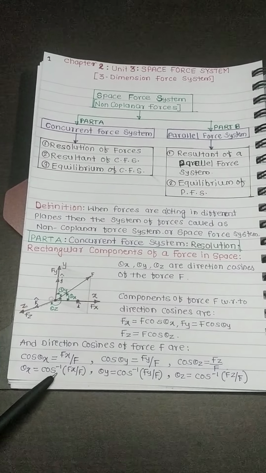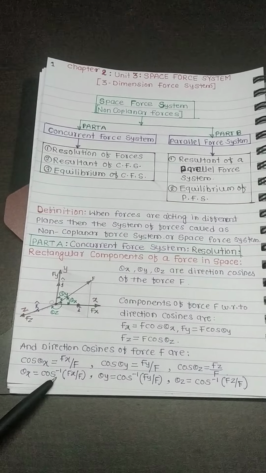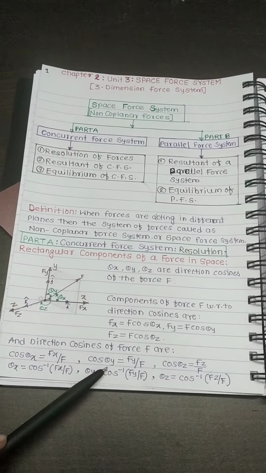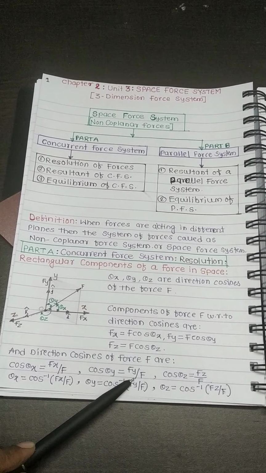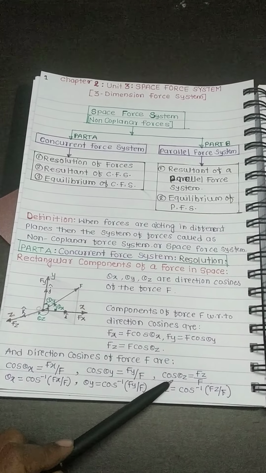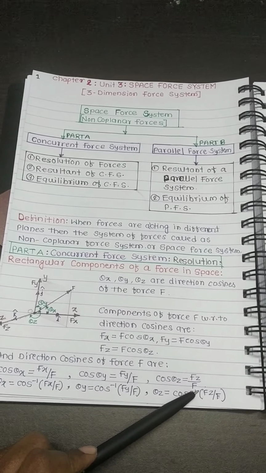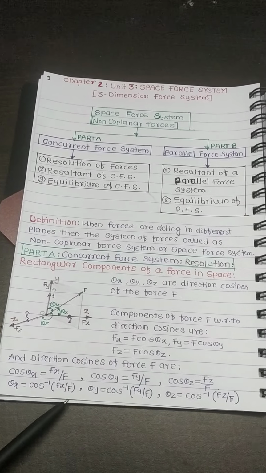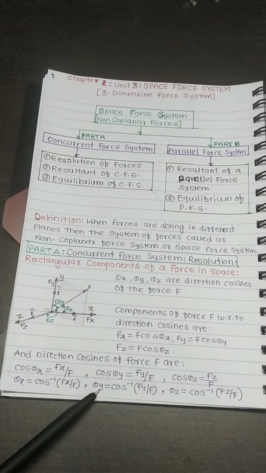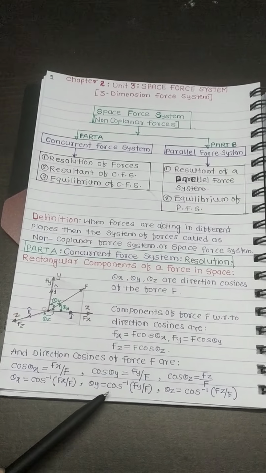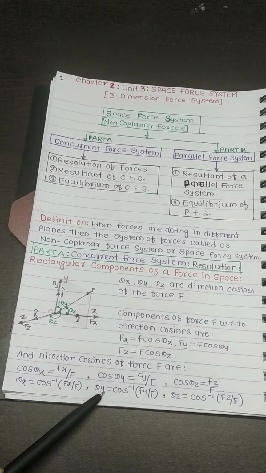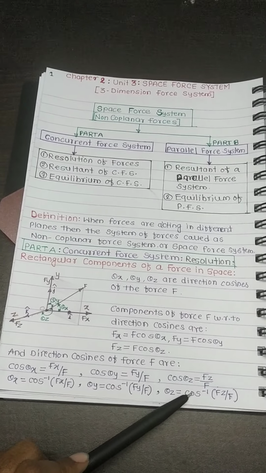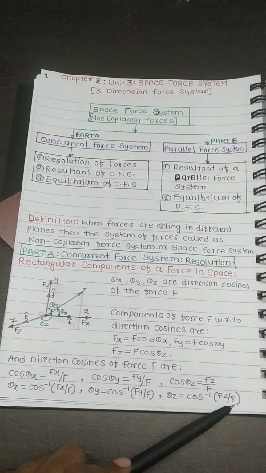Therefore, the direction cosines are expressed as cos theta x equals Fx upon F, cos theta y equals Fy upon F, cos theta z equals Fz upon F. Therefore, theta x equals cos inverse of Fx upon F, theta y equals cos inverse of Fy upon F, theta z equals cos inverse of Fz upon F.